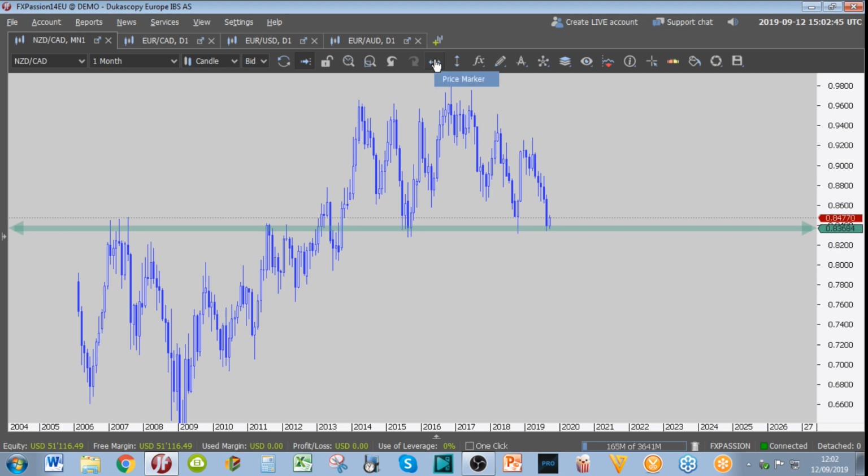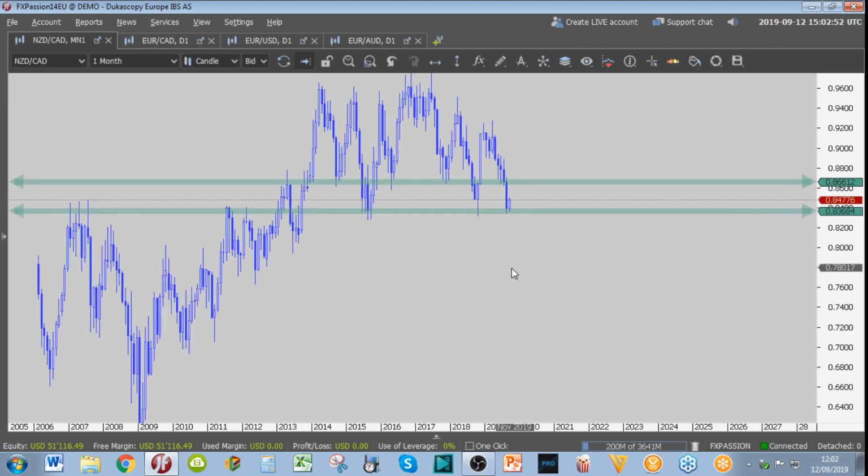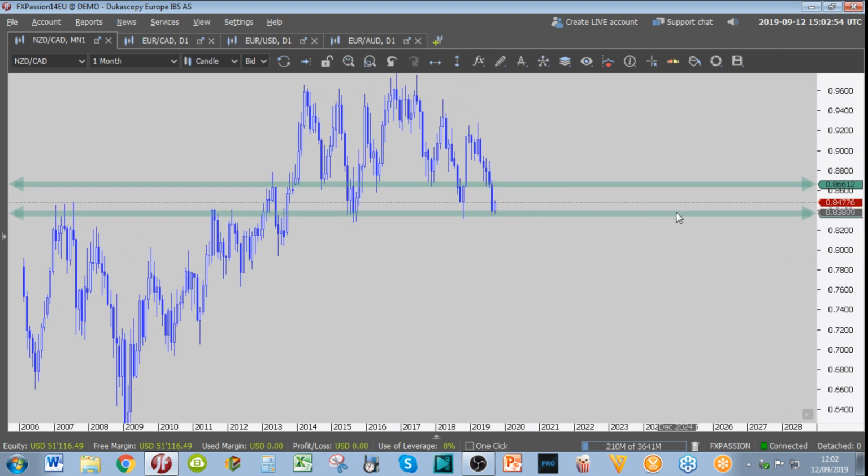Pivot point area, we have another pivot point in here. Okay, I'm not going to draw anything else because we are in between right now. I'm just going to use those two for the lesson. I'm not going to go up and down because it's not relevant for this lesson.